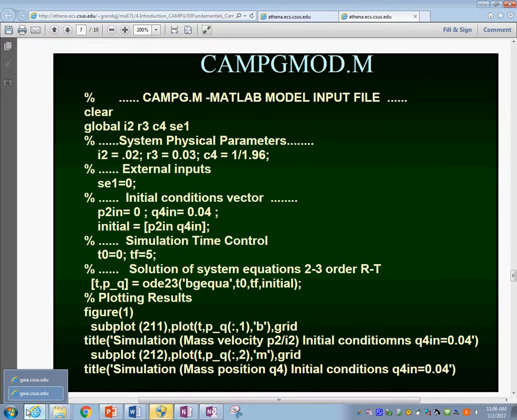This is a view of how the first file, the CAMG mod file, looks like. And then this is the input for MATLAB in the example that we saw a moment ago, and here you have a description of the physical parameters, what the inputs are, the initial conditions, the time control, the solutions of the equations, and of course doing some plots.